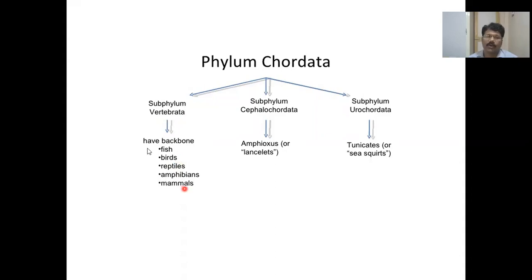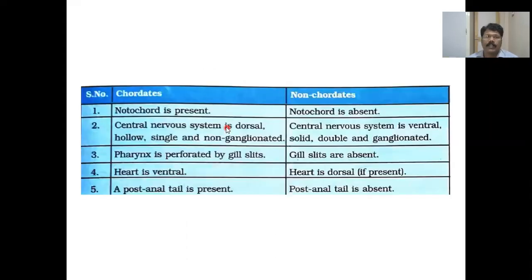So all these are included in the phylum vertebrata or craniata. So these are some important differences between chordates and non-chordates. In case of chordates, the notochord is present, and in case of non-chordates, the notochord is absent.